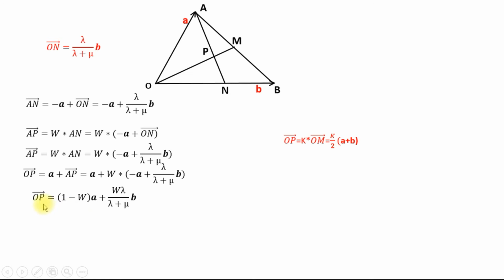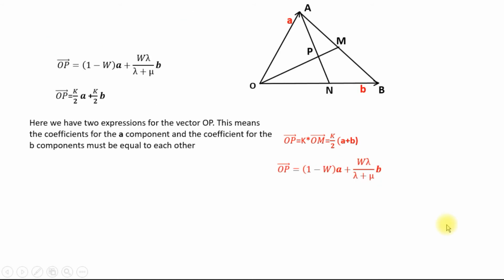We get an expression for OP in terms of W here now, and we will need to use this later, so I'll take a copy of this and put it to one side. Okay, now we have here two expressions for the vector OP as shown in these two equations.